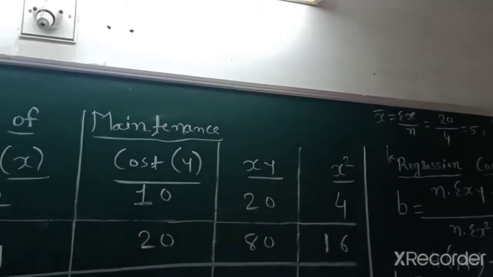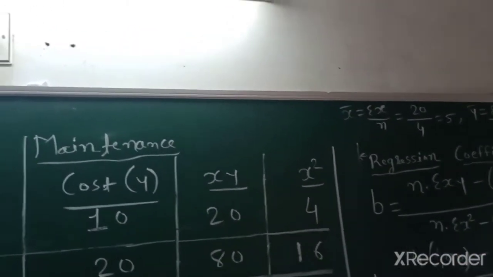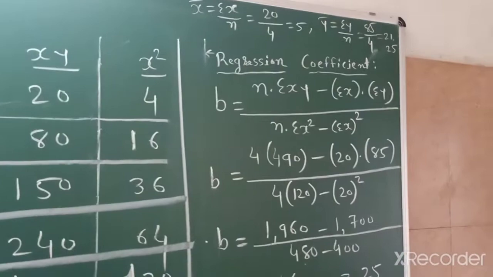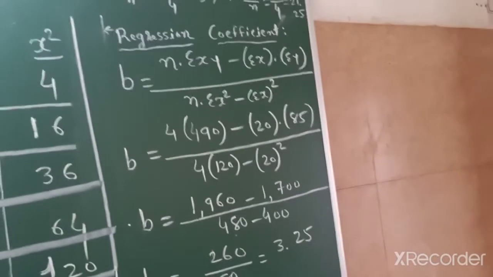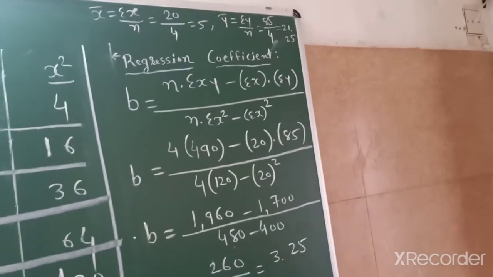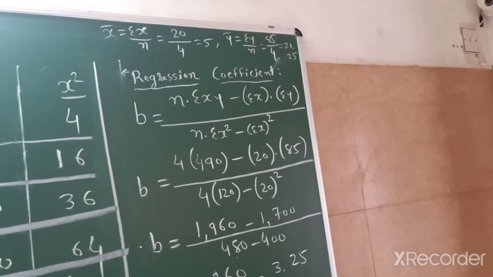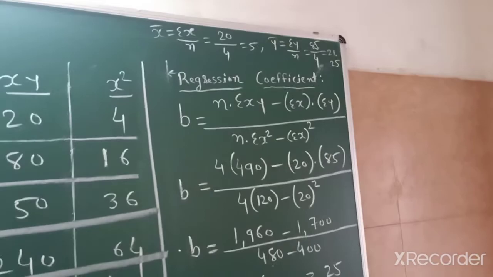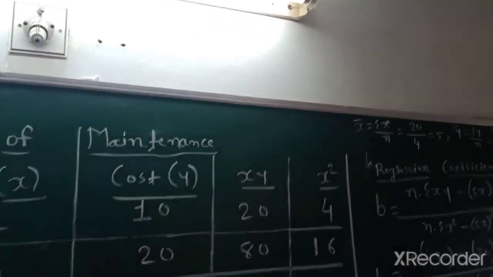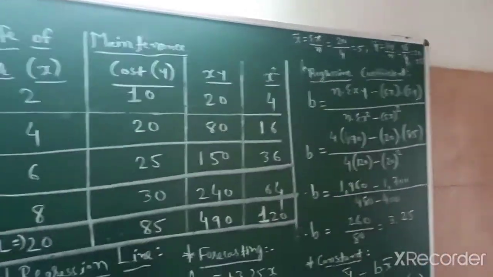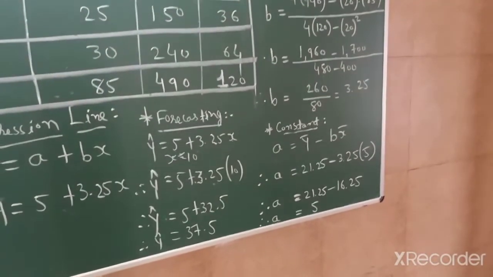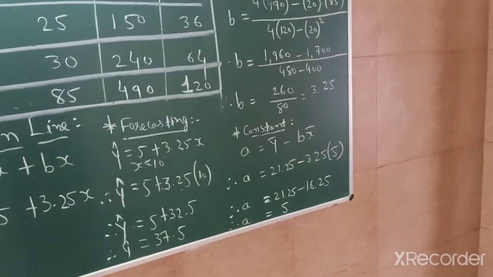Then we find the regression coefficient, that is b. The formula for b is n sigma xy minus sigma x into sigma y upon n sigma x square minus sigma x the whole square. After finding the regression coefficient, then we find the constant. Constant a is y bar minus b x bar.